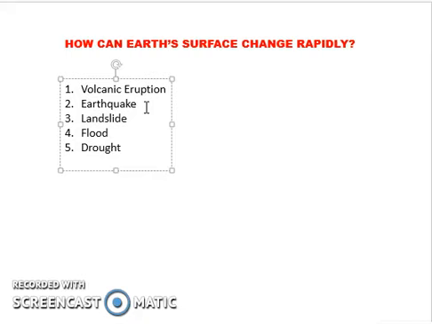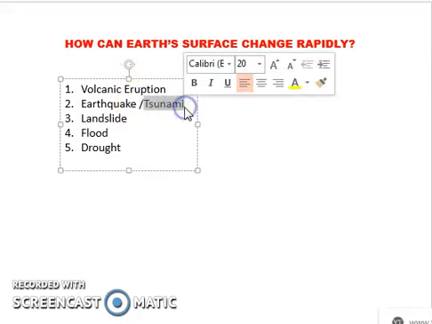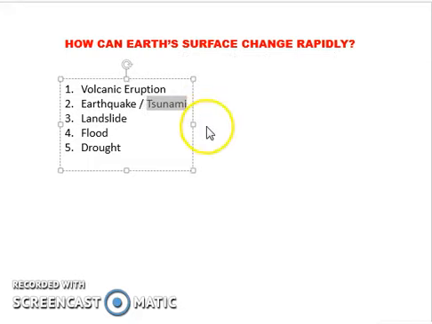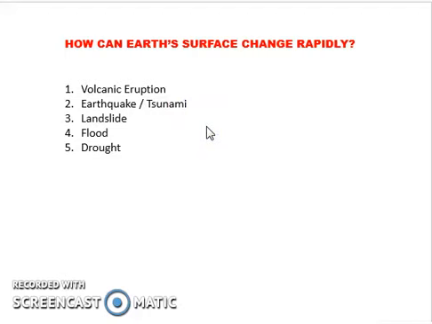When the earthquake happens under the ocean, it could cause a tsunami. A tsunami is a big wave that is caused by the movement of the earth. So when there's a big wave, that is also trouble to places near the coastline.